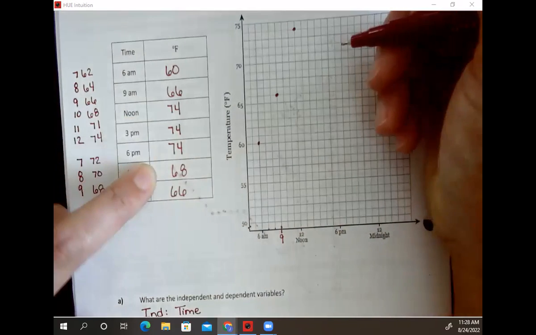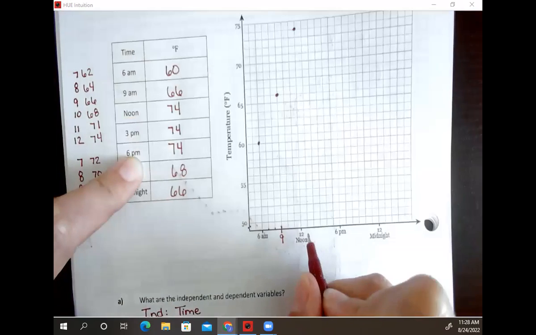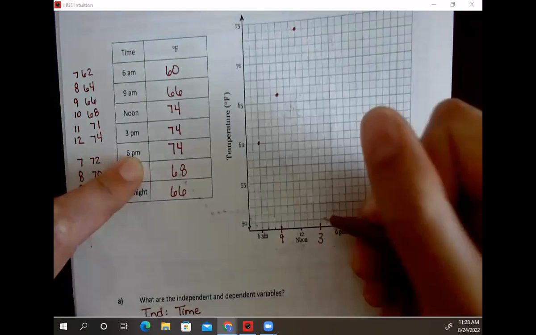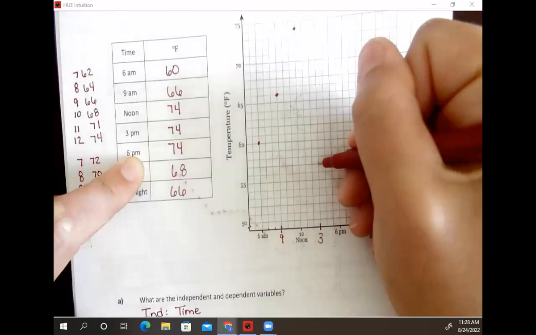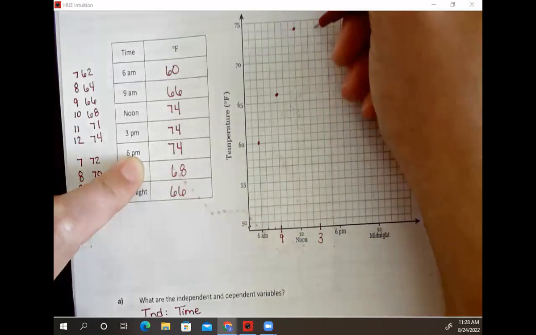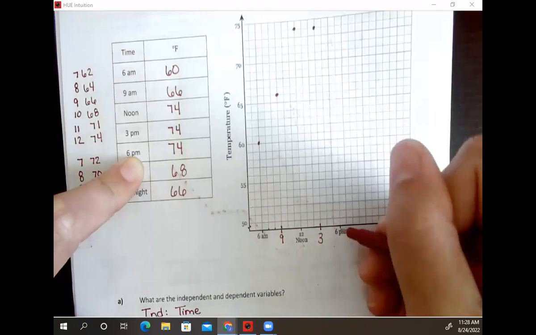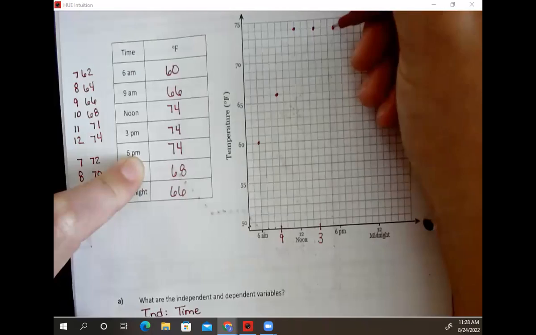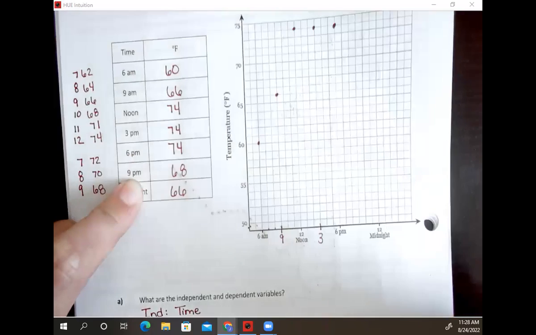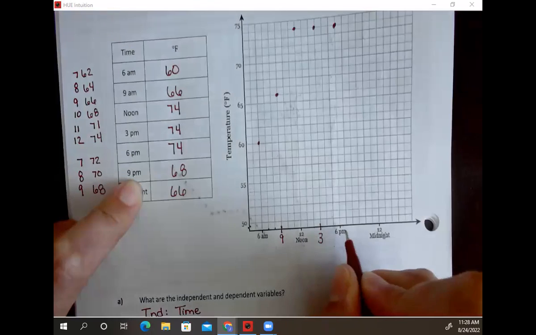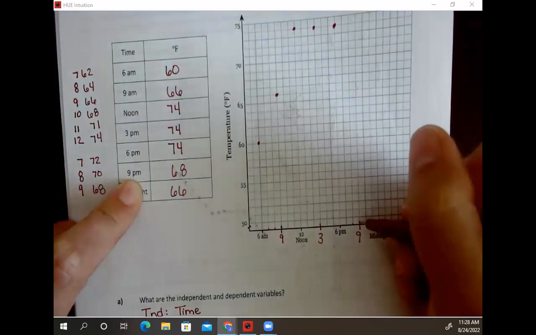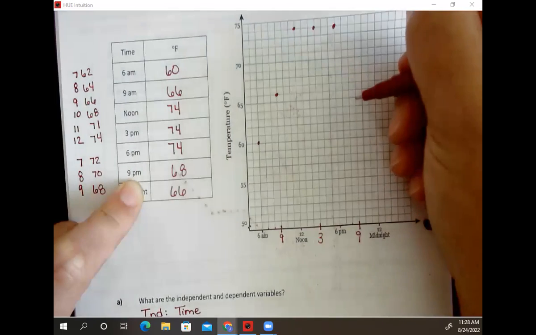And then our next couple, 3 p.m. and 6 p.m., we're at 74 degrees. So there's noon, 1, 2, 3 p.m. 3 p.m., we are at 74 degrees. 6 p.m., we're at 74 degrees. For 9 p.m., so there's 6, 7, 8, 9 p.m., we're at 68 degrees.